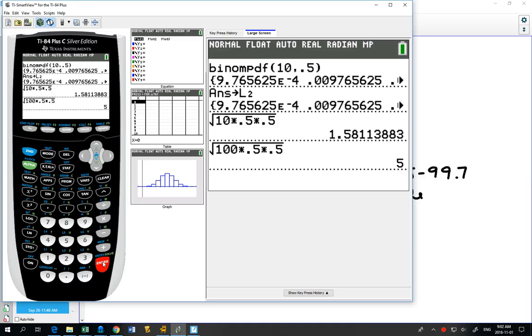Between 40 and 60, 95% of the time, you're going to do this. It's really rare to get more than 60 or less than 40. And from 35 to 65, that's going to happen almost 100% of the time, 99.7% of the time.